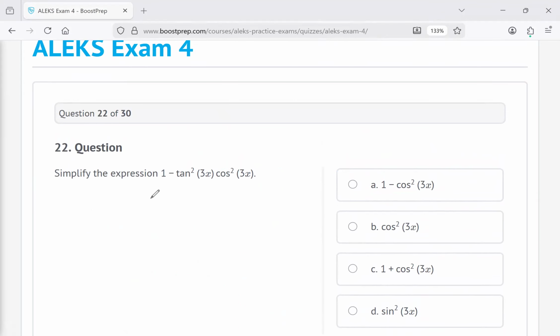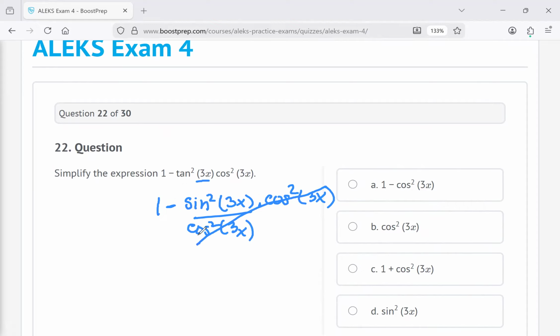So we have 1 minus tan squared 3x times cosine squared 3x. So we're probably going to use some kind of Pythagorean identity, but before we do that, is there something else I can do? Yes. You see this tan squared x? That's the same thing as sine squared 3x over cosine squared 3x, times cosine squared 3x, right?